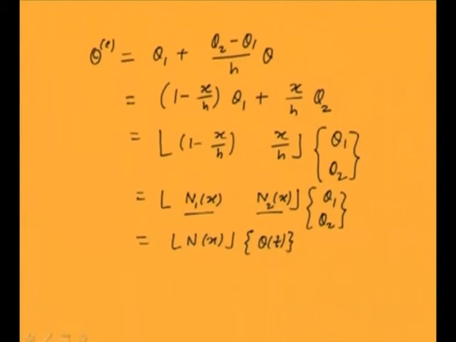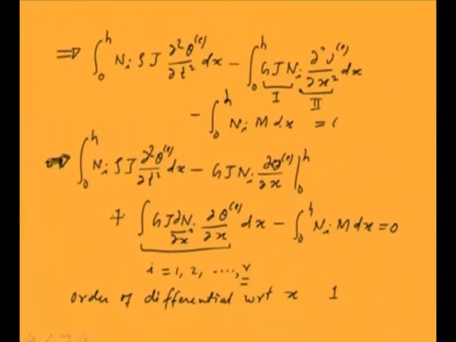So here you can see that the shape function is a function of x, and the nodal displacements are functions of time. The solution which we obtain will be substituted in this particular equation which we obtained earlier. We can have r as 2 here, so we can have two such equations, and we are able to combine them.